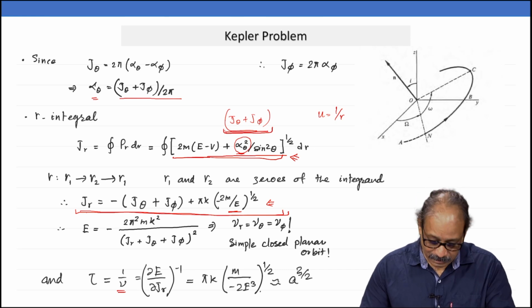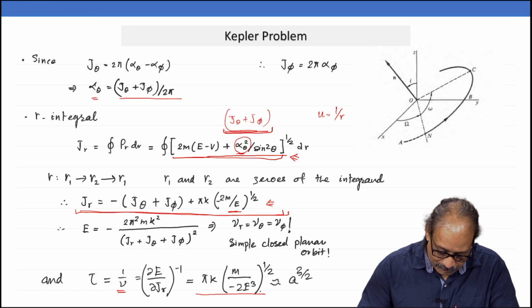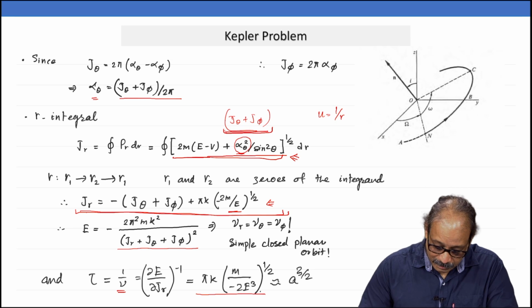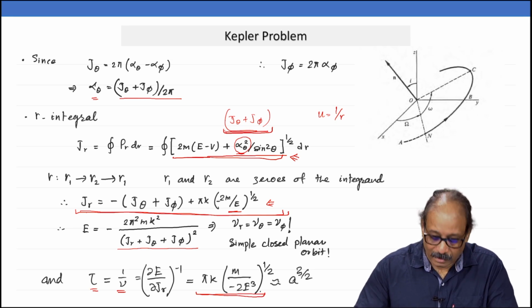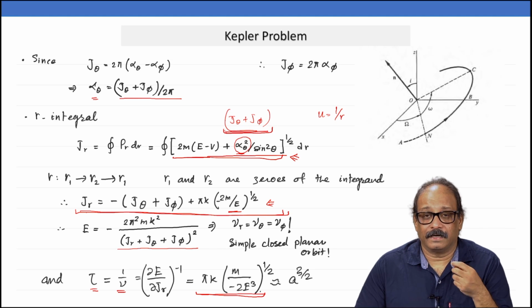You are going to get the same answer, and if you do that, you get this result. This is basically taking a derivative here, and once you get this, the time period is proportional to the absolute value of E to the power minus 3 by 2.